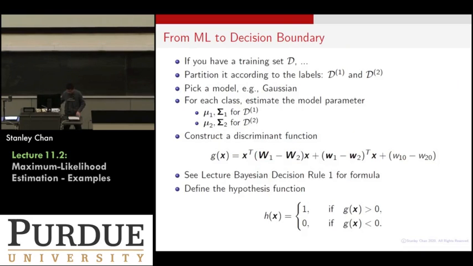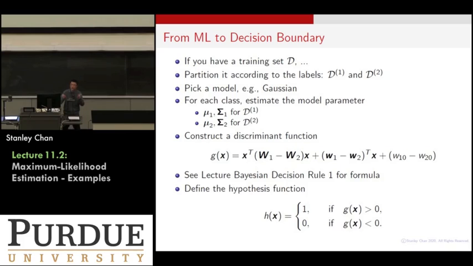All right, this is a little bit more interesting. Now, suppose you have found the model parameters. If you have a training data set, you start by partitioning it into two classes, class 1 and class 2, and then for each class you find the model parameters using maximum likelihood estimation.